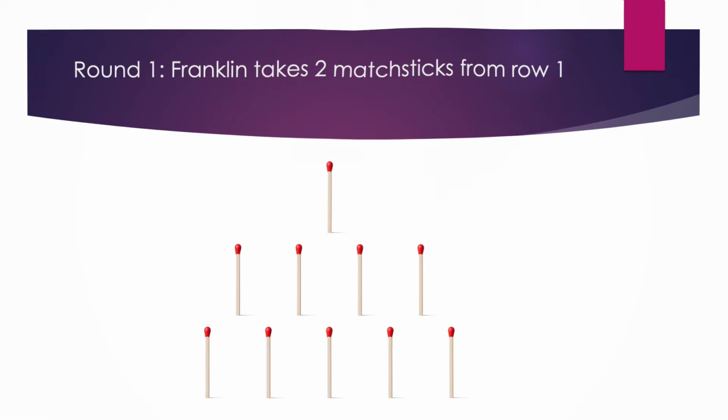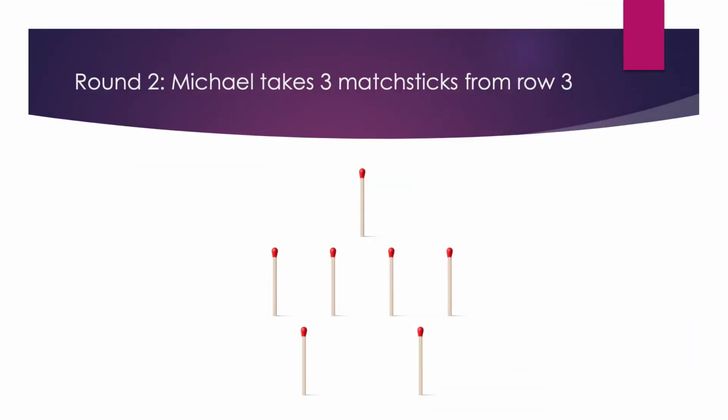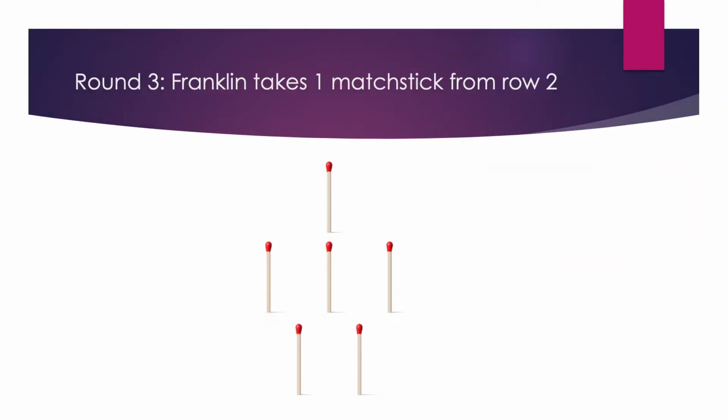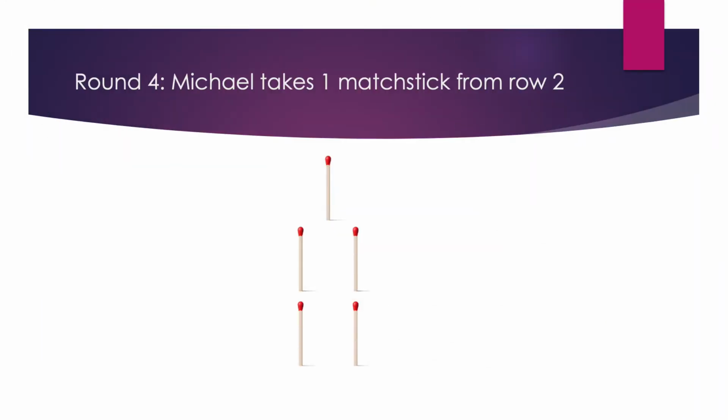Then, Michael takes 3 matchsticks from row 3. Then Franklin takes 1 matchstick from row 2. Michael takes 1 matchstick from row 2.